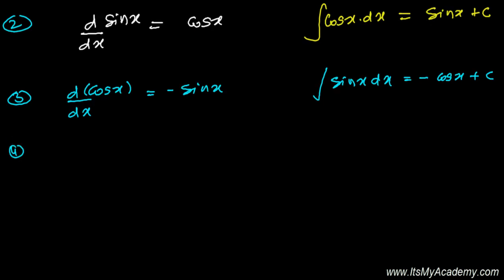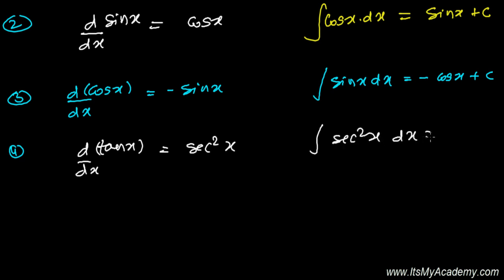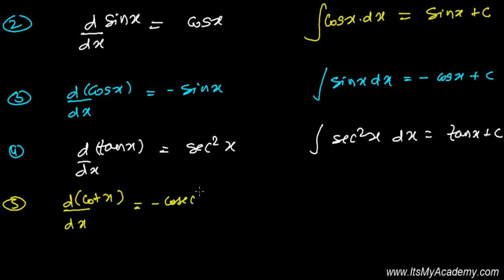Now the fourth one: the derivative of tan x with respect to x is sec square x. So the integration of sec square x will be tan x plus c. Similarly, the fifth one: the derivative of cot x with respect to x is minus cosec square x. So based on that, the integration of cosec square x dx will be minus cot x plus constant.